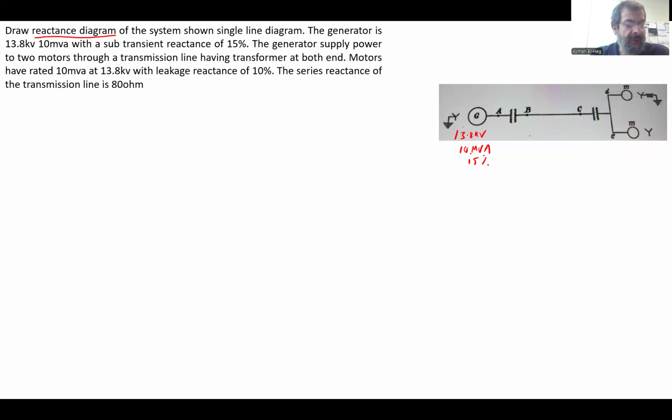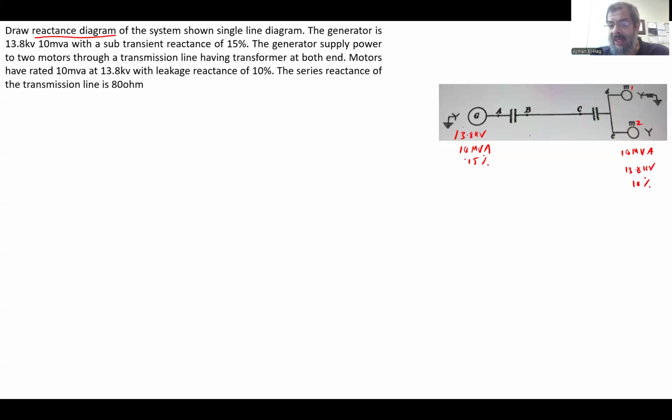The generator is supplying power to two motors. Let me call them motor 1 and motor 2. These motors are rated the same, 10 MVA, 13.8 kilovolt, and 10% per unit reactance.